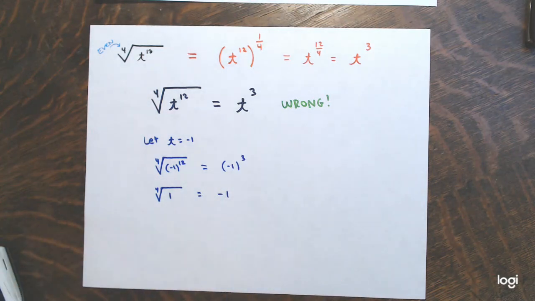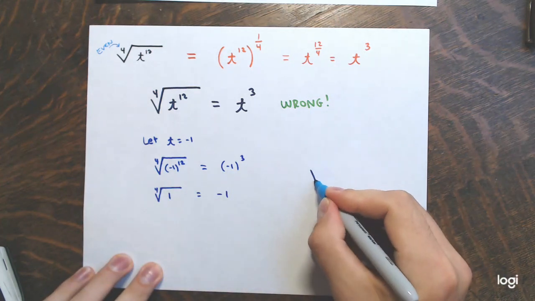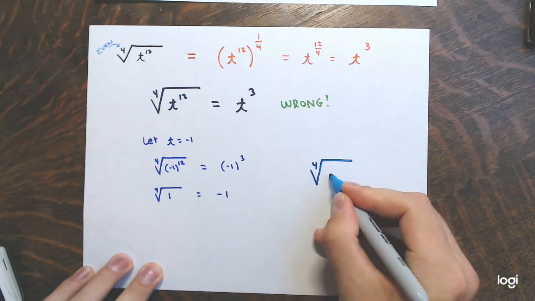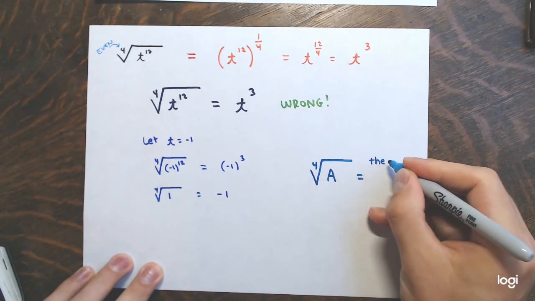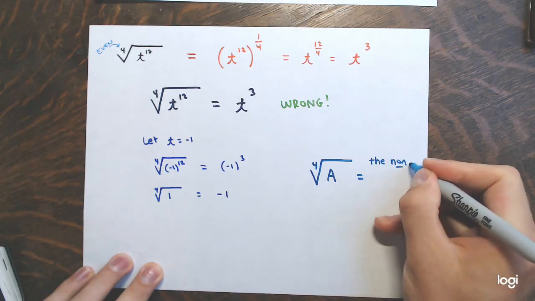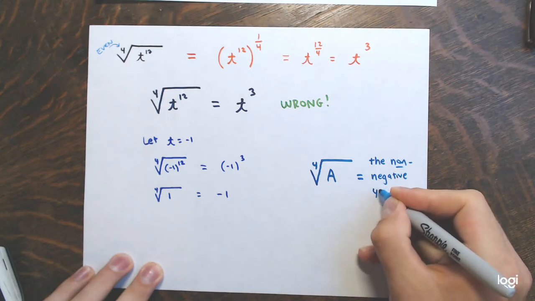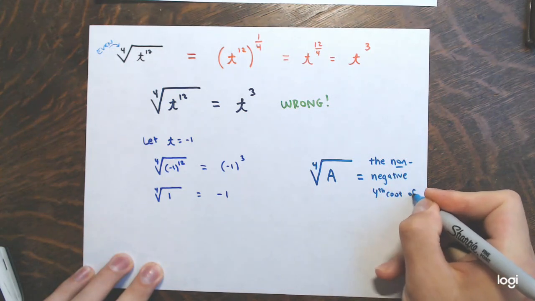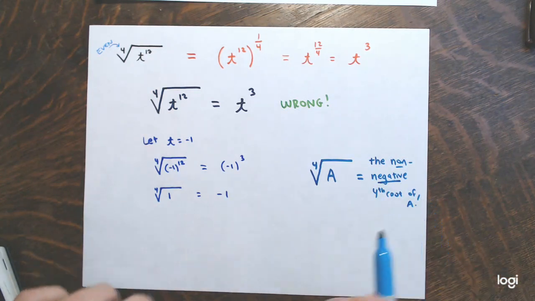And it all matters about remembering what the symbol means, right? When you see a radical symbol, I've said this a bunch and I'm going to keep saying it, when you see the 4th root of some expression a, remember this is the non-negative 4th root of a, right? But non-negative.